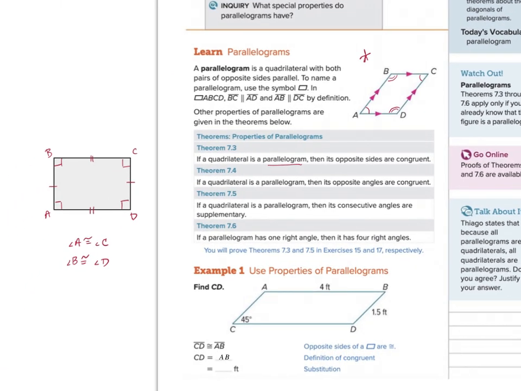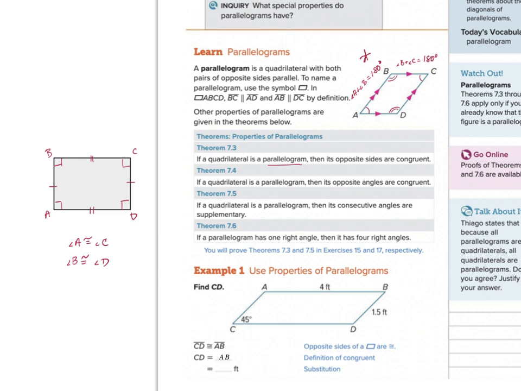And then let's see here, consecutive angles. Consecutive angles are supplementary. So what they're saying is consecutive angles, angle A plus angle B, are supplementary, so they equal 180 degrees. Angle B plus angle C equal 180 degrees.